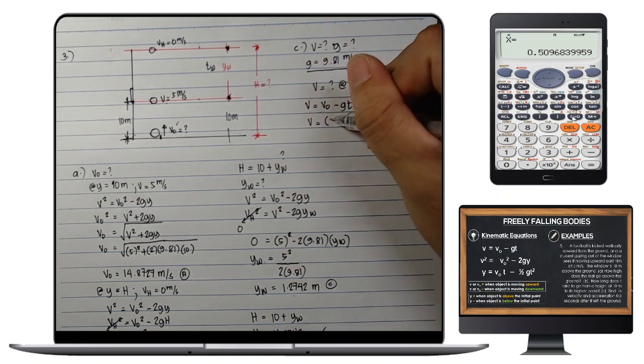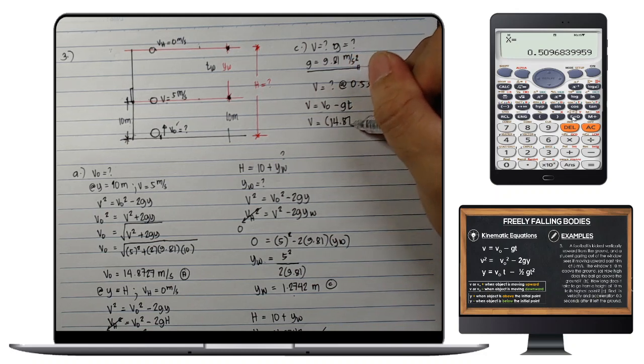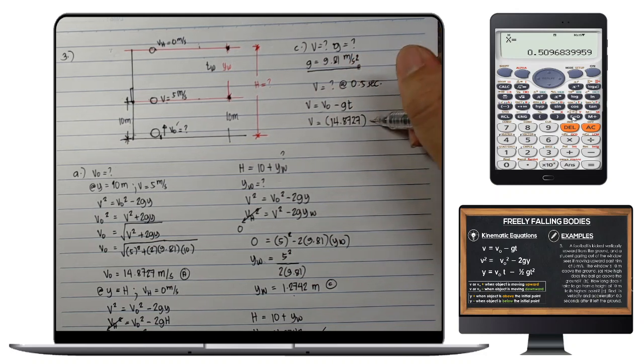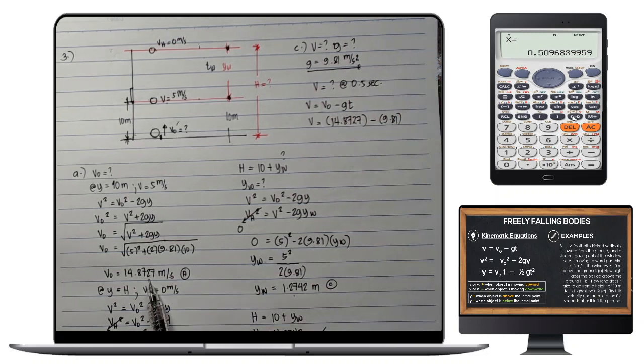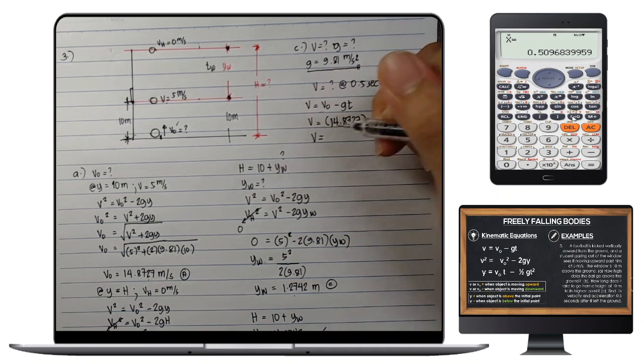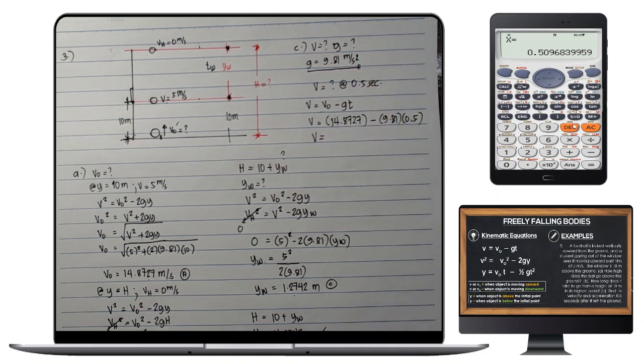V sub o natin is 14.8727 minus g, which is 9.81. Yung v sub o, na-solve na natin kanina. So that is negative 9.81 times t, which is 0.5. So, v natin is equal to, so that is yung nasa A.